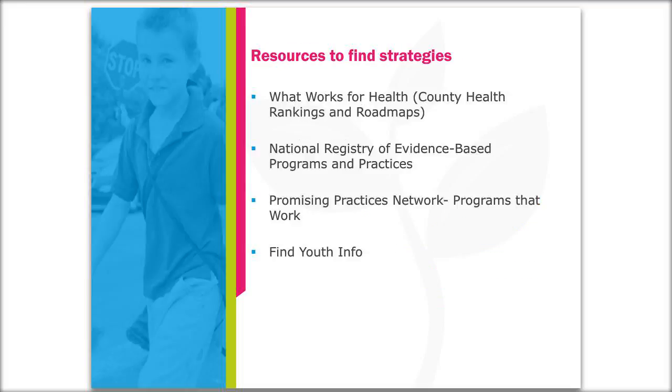So here are some examples of websites or locations that you can use to help find potential strategies to use within your community. So the first one is called What Works for Health, County Health Rankings and Roadmaps. And this actually comes from a foundation, the Robert Wood Johnson Foundation.